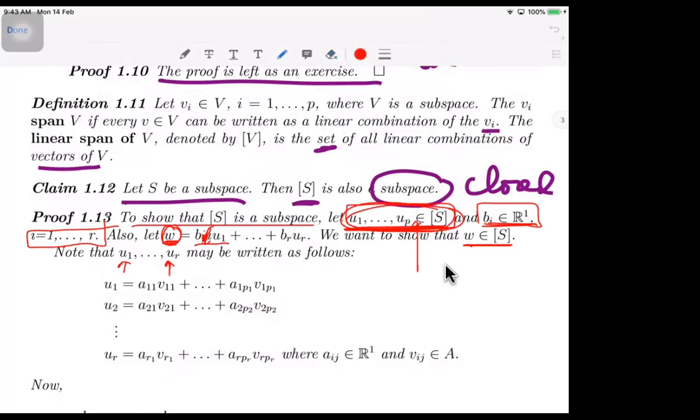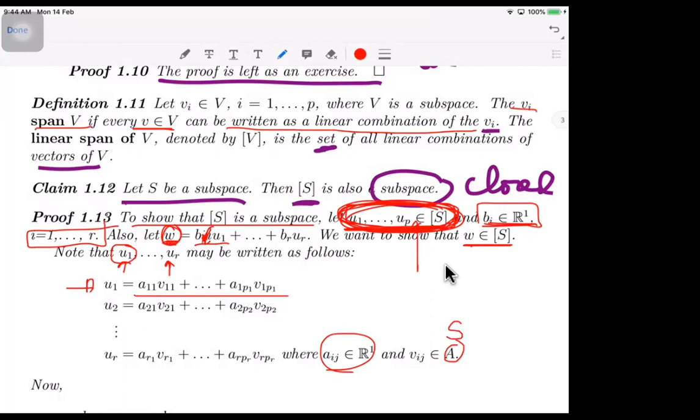By definition of a span, the v_i span V, if every v_i can be written as a linear combination of the v_i. So each one of them, this u1 here, you can write as a linear combination for some constants a_ij. So u1 can be written as a11, b11, this is not A, it is S. Okay, a11, b11.